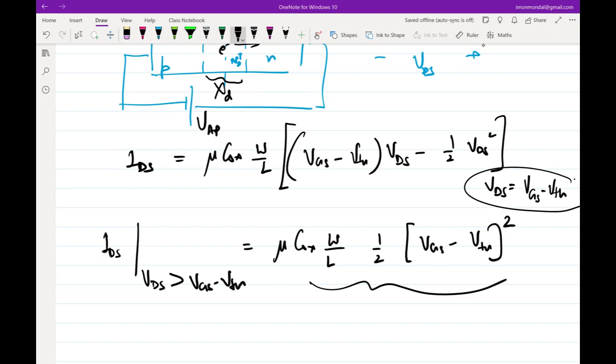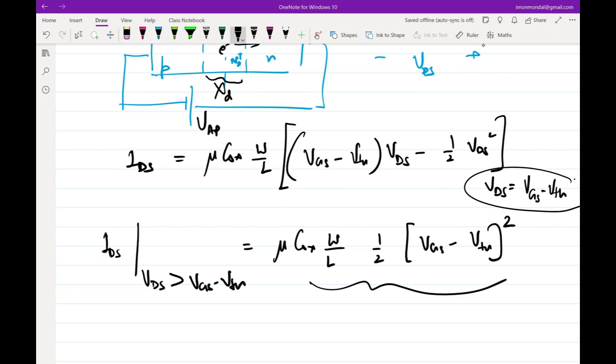No, because from the argument that we laid out, it becomes apparent that the current remains equal to the value of the current at the edge of pinch off, which means it doesn't have any dependence on VDS. At the edge of pinch off, you can express it as either VDS or VGS minus VTH. But beyond pinch off, if you express this current in terms of VDS, it will be incorrect, because the leap from the edge of pinch off to beyond pinch off was qualitative.